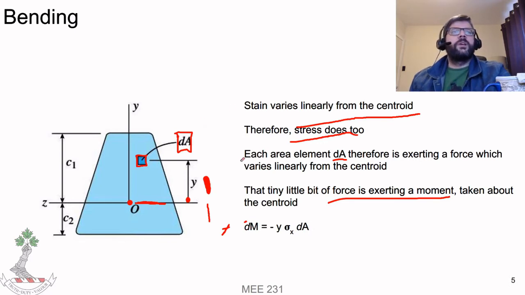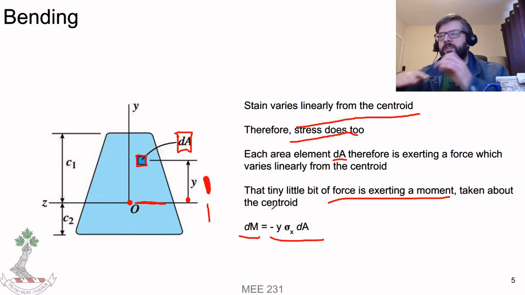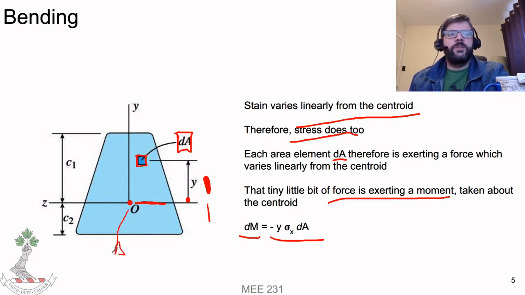So this, we're able to find our tiny little differential amount of moment. That's going to be equal to negative, again because of our sign convention, y times our stress. That stress is on this face, so the stress in the x-axis, coming out of the page here, times our dA.